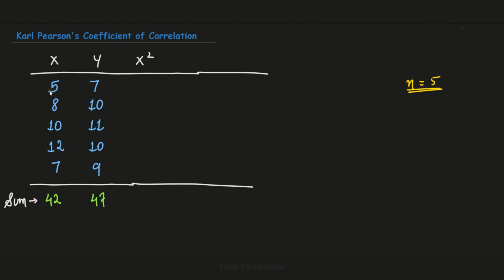Here, visit each term and square it. 5 square is 25, 8 square is 64, 10 square is 100, 12 square is 144, and 7 square is 49. Now, we'll require the summation of all this. And the sum of 25, 64, 100, 144, and 49 is nothing but 382. So we got our summation x square.